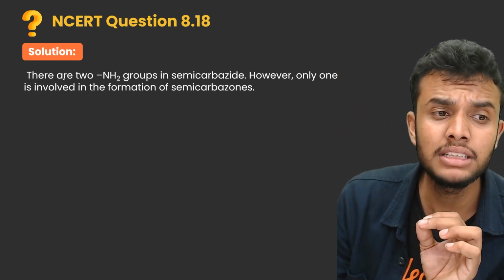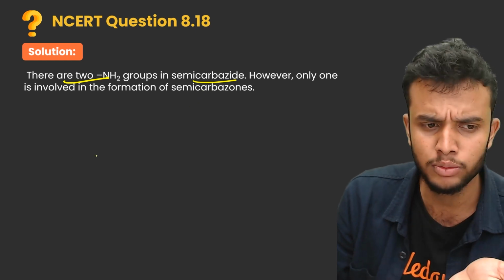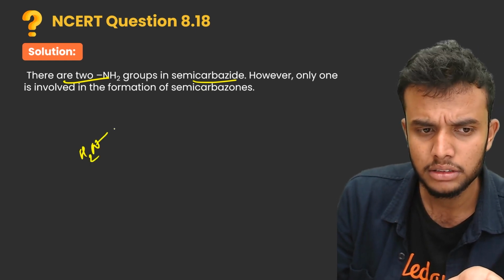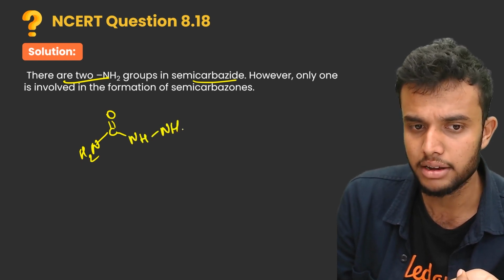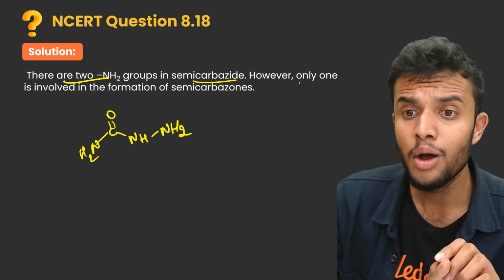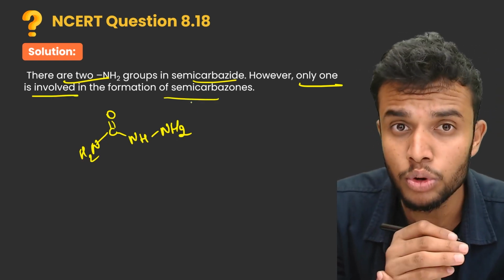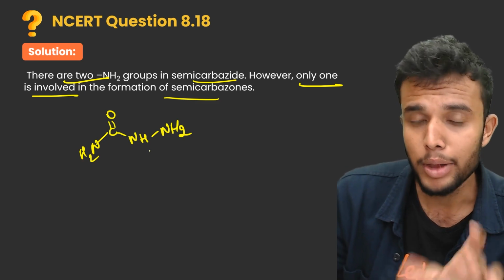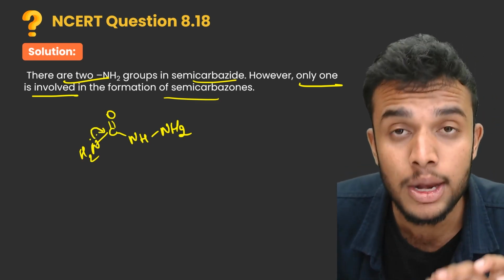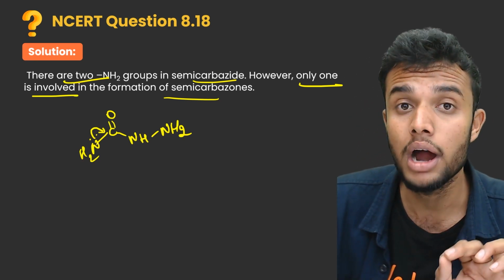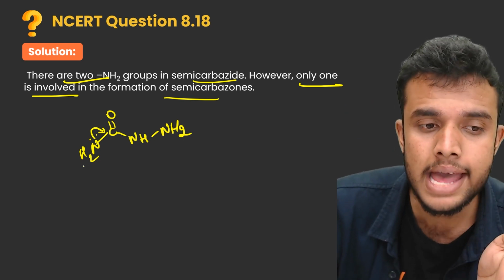The second one is, there are 2 NH2 groups in semicarbazide. We already know the structure of semicarbazide. This one, right, NH2, NH2. Here are 2 NH2 groups. However, only one is involved in the formation of semicarbazone. Why? Because this NH2 group is involved in resonance.